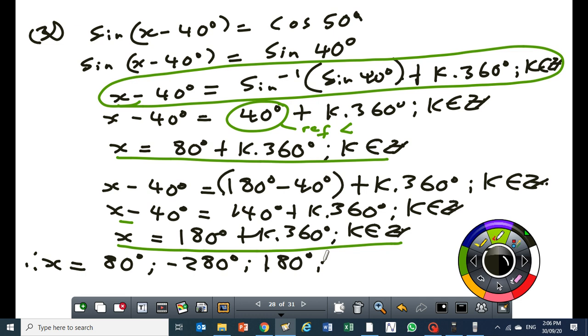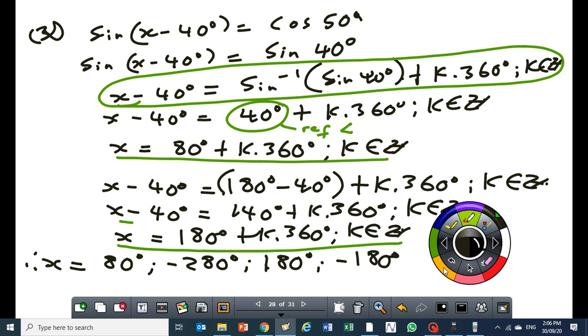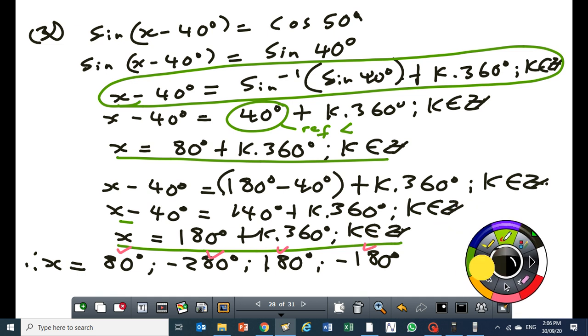Minus 360 plus 180 will give me minus 180. Then if you put k equal to 2, k equal to minus 2, you get values that are outside. So you are going to end up having 4 solutions. These are the 4 values that satisfy that trig equation.